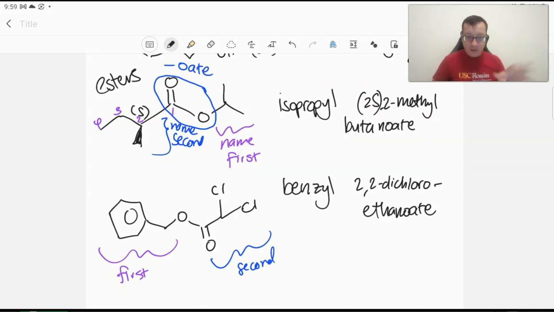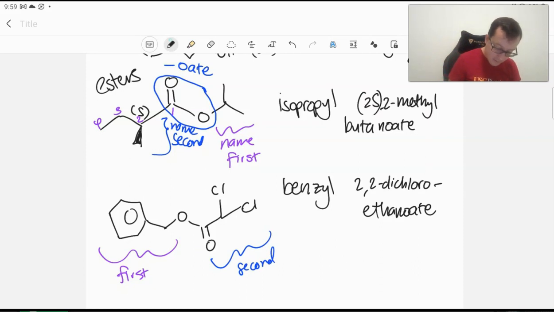So whatever you have on the oxygen side, which is the left this time, keep that as its own name, space, the other half of the molecule, ending with oate at the end.